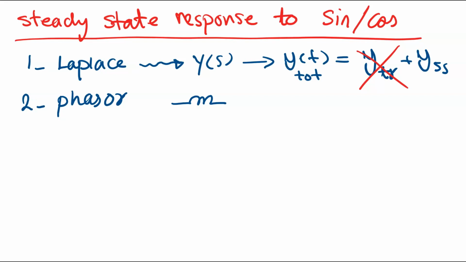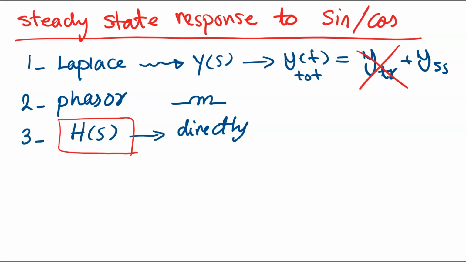But here, I want to show you a third approach, which is using H of s to find directly what we are looking for. The H of s has a main benefit that you cannot get from phasor solution: you don't need to reanalyze the circuit every single time that your frequency is changed.